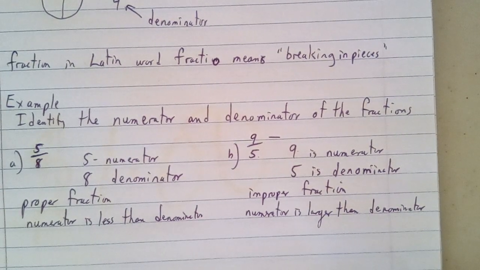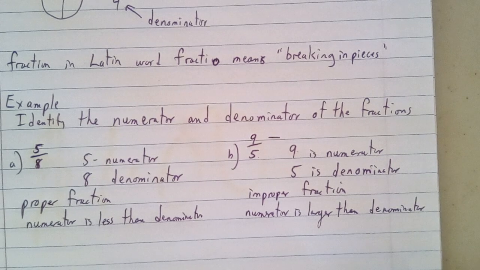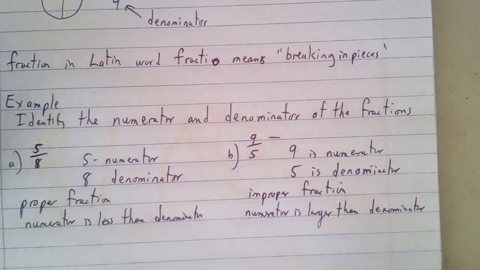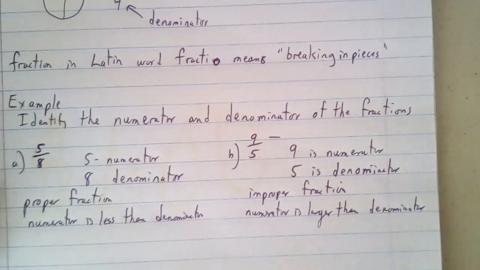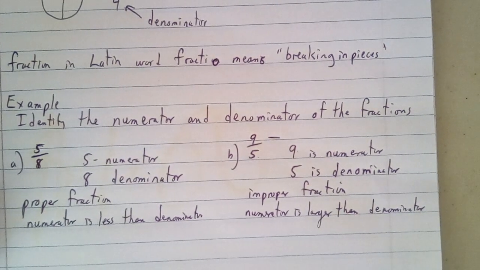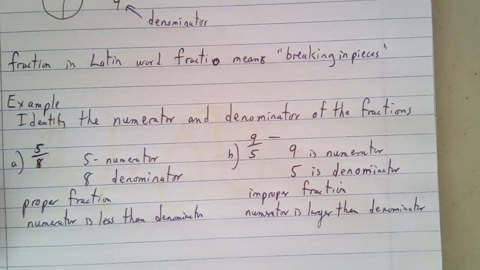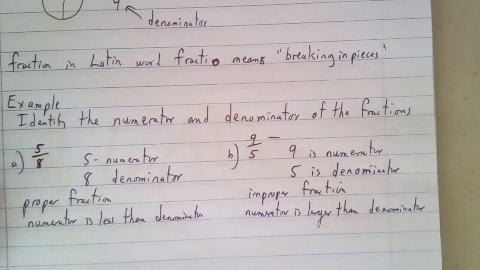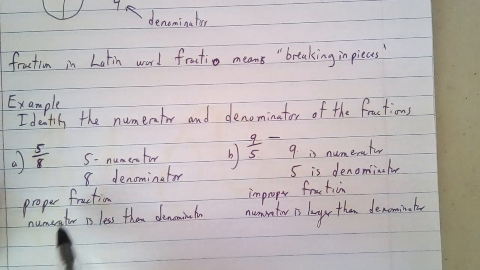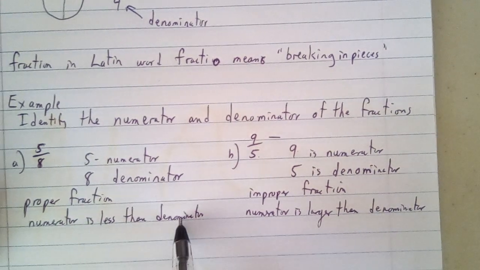So we have now seen numerators, and we have seen denominators. We have been able to label a fraction. We can call it a proper fraction or an improper fraction, and we know why. Let's review this piece again. This is a proper fraction because the numerator is less than the denominator.